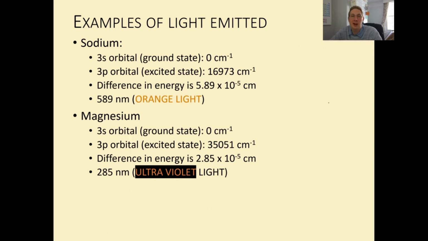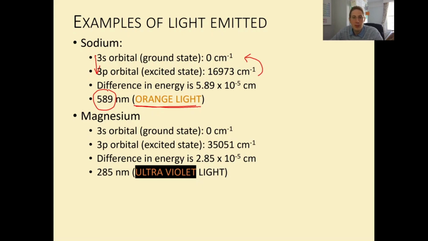Looking at 2 examples, if you look at sodium, then heat will promote an electron from the 3s orbital up to the 3p orbital. And when it drops back down to what's called the ground state, the difference in energy corresponds to light at 589 nanometres, which is an orange light. And this is why sodium gives out a very strong orange colour.